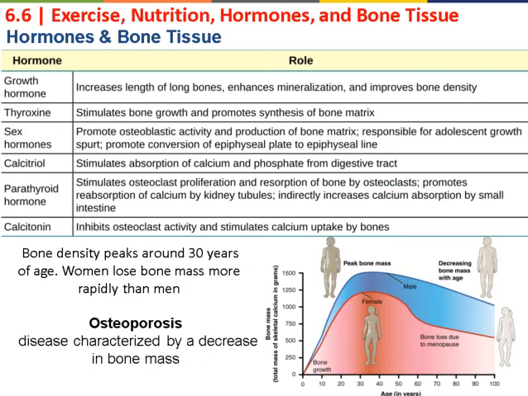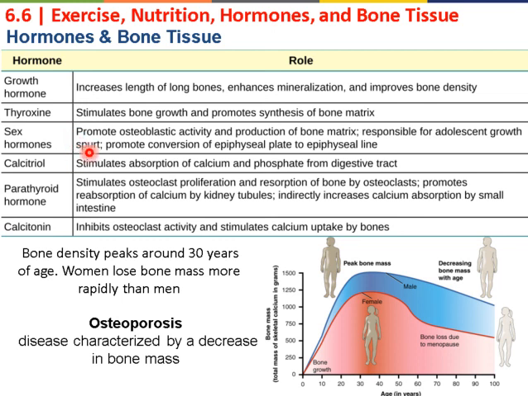Now for the hormones and bones, our endocrine system secretes several hormones, and many of these secreted hormones interact with our skeletal system. These hormones are involved in controlling the bone growth, maintaining the bone when it is formed, and are responsible also for remodeling it.